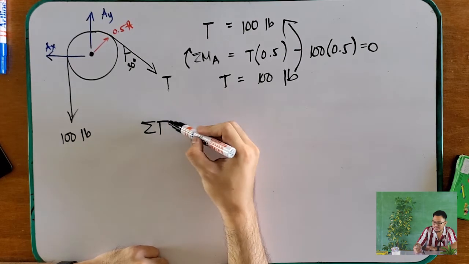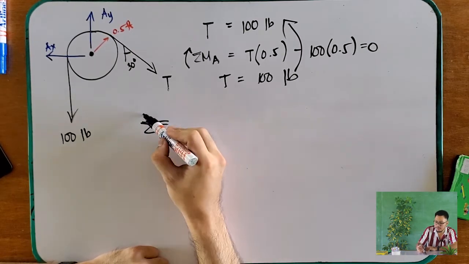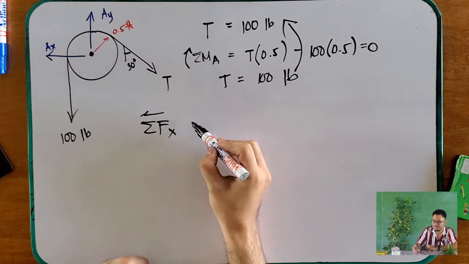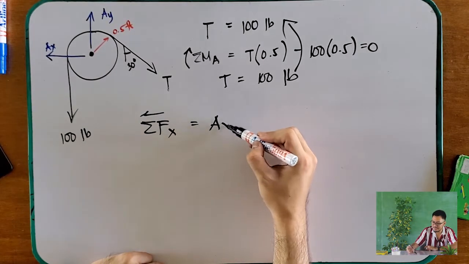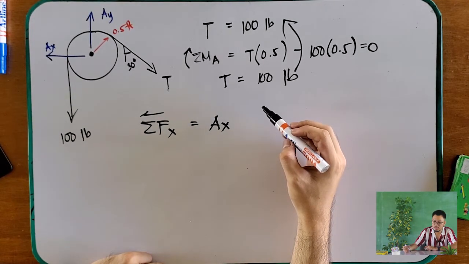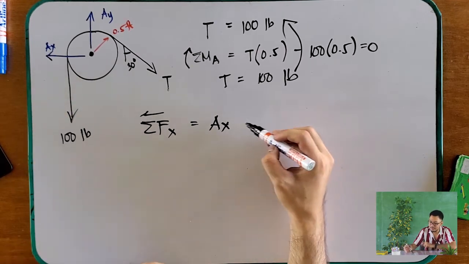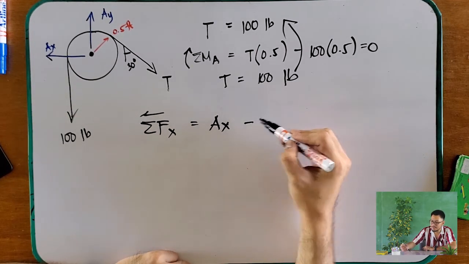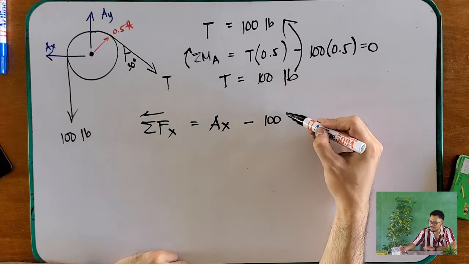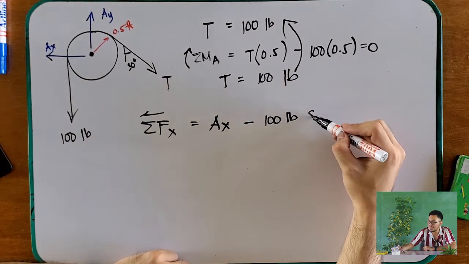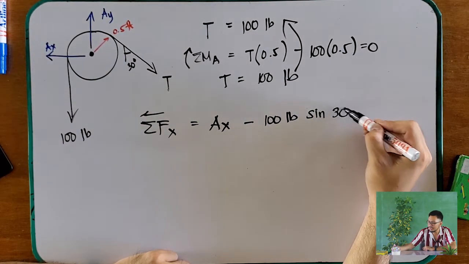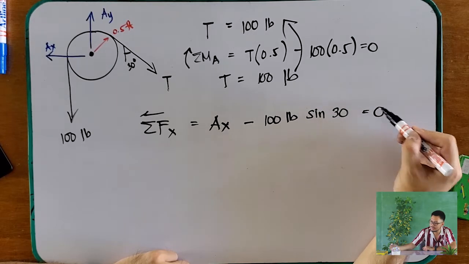Summation of forces along the x: Ax minus 100 pounds sine of 30 degrees equals 0.